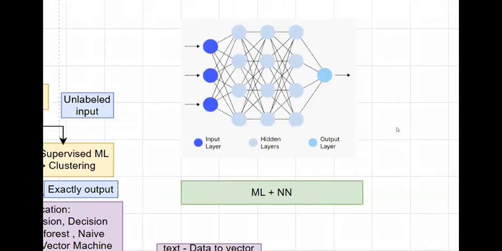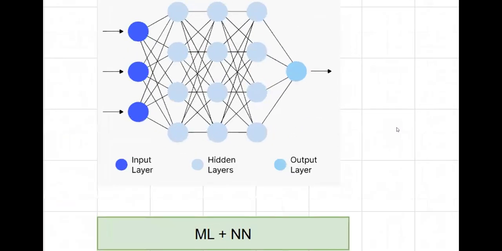Now, in this video, we will understand the difference between normal ML models and ML models created by neural networks. So let's first understand how the normal models are created.